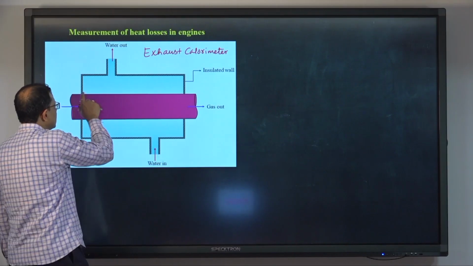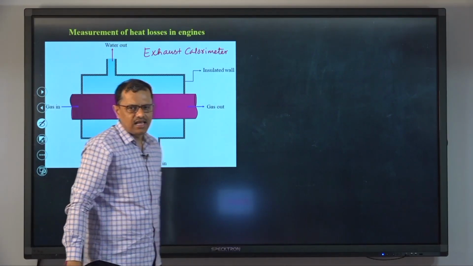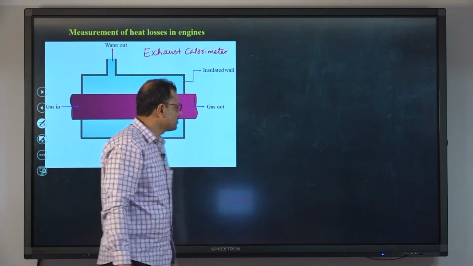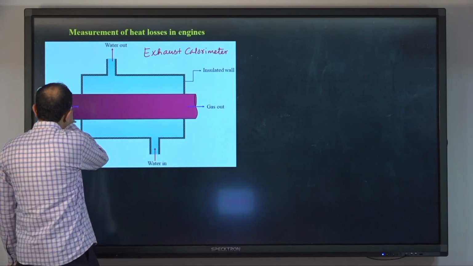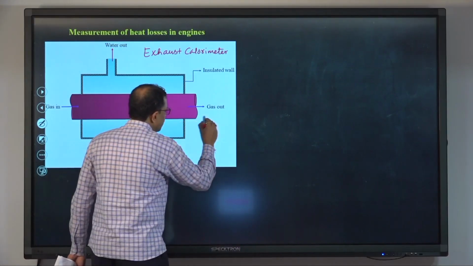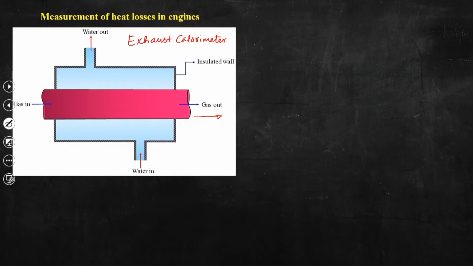So, essentially this is a heat exchanger, and you can say this is a cross flow type heat exchanger, because you know that gas stream is taking place from left to right. So, this is the gas flow direction, while the water direction is something like this. So, this is water flow and this is gas flow.